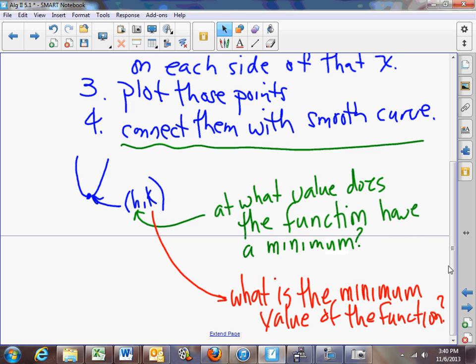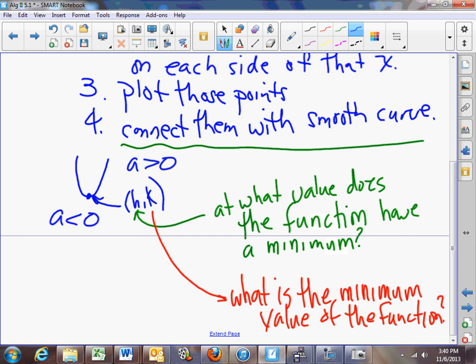And those are two different questions. Now, that's when a is positive. Now, if a is negative, a less than 0, your parabola is going to open downward. Notice then that the vertex, the point hk, is the highest the function will go.